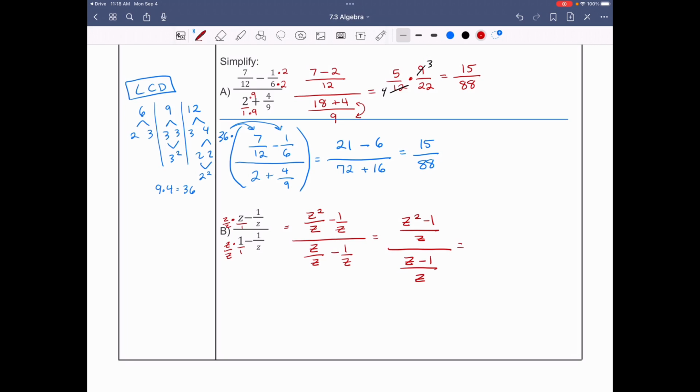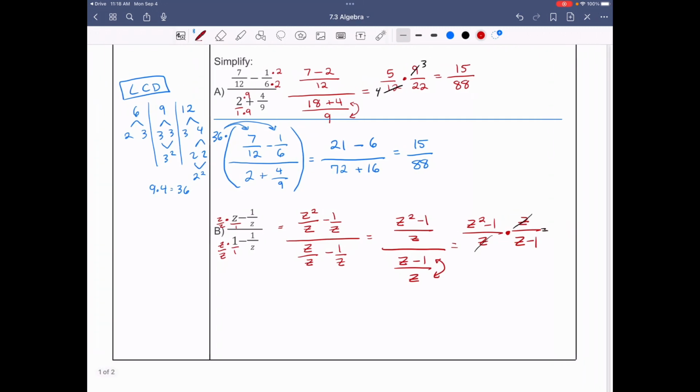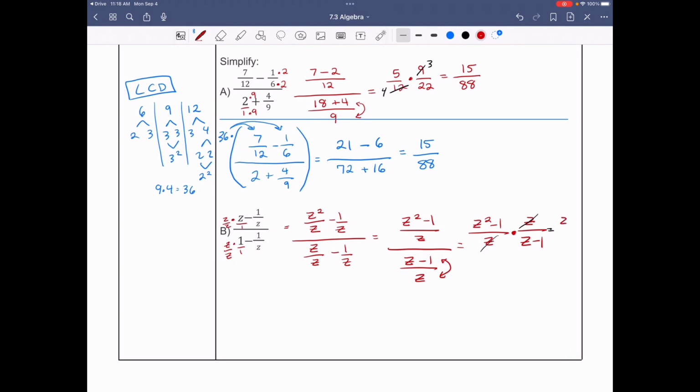Now I'm going to multiply by the reciprocal. So z squared minus 1 over z stays the same. Change it to multiply. Flip the denominator. So z is in the numerator and z minus 1 is in the denominator. These z's cancel, and if you notice, this is a difference of squares, so that's going to factor to become z minus 1 and z plus 1.